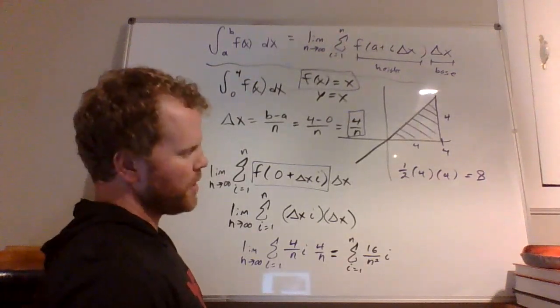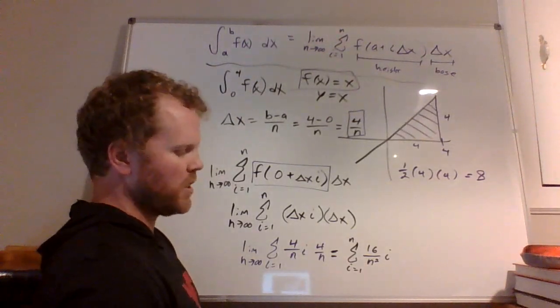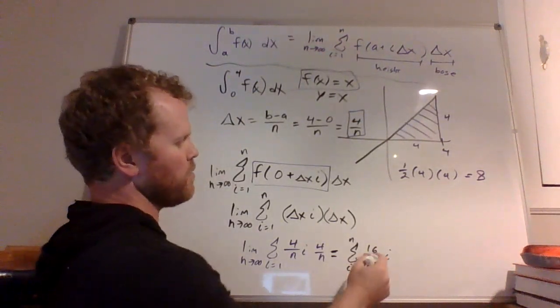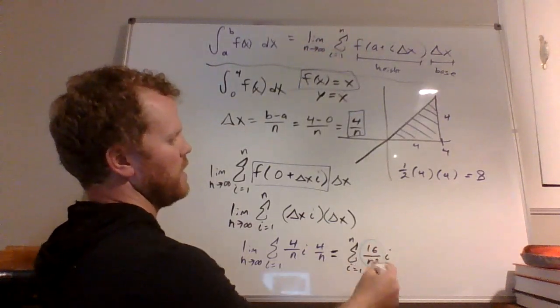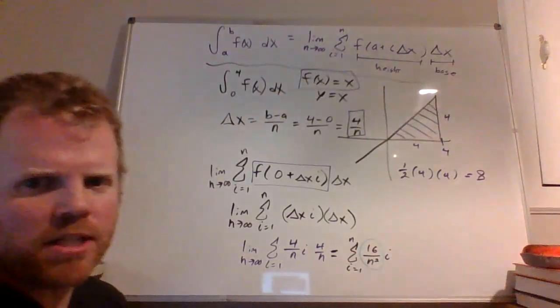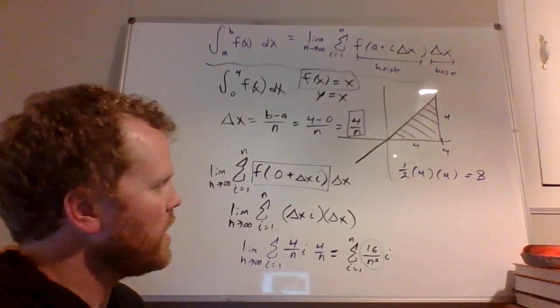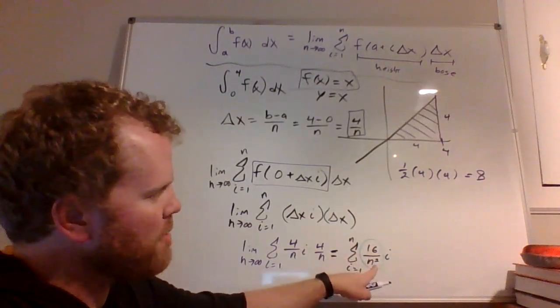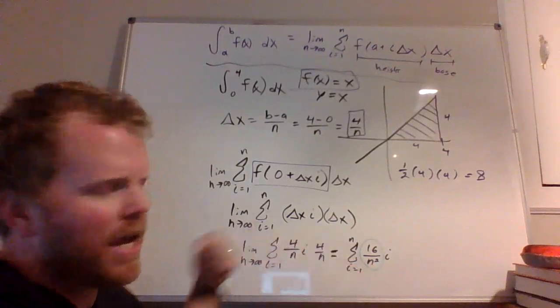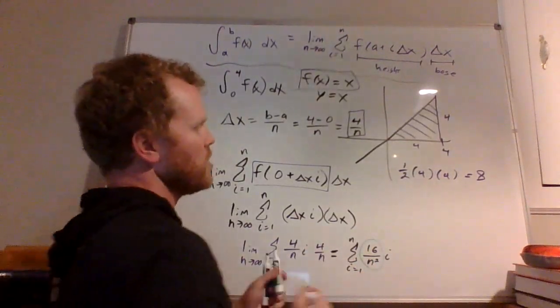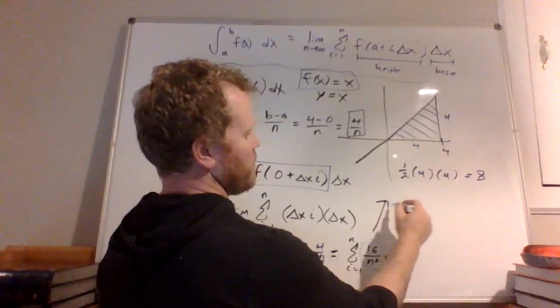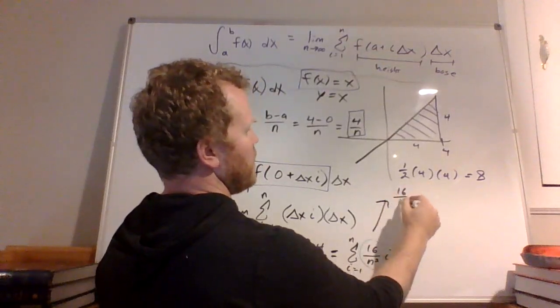So what we're going to do with this is we have to find the sum. Now what's confusing about this is the key is, what is this? And this goes back to those sigma properties I mentioned, I don't know, 10 minutes ago in this video, is that that's a constant. 16 divided by the number of rectangles squared, that guy can pop out of your sigma. So you can take that thing and just throw it on the outside.